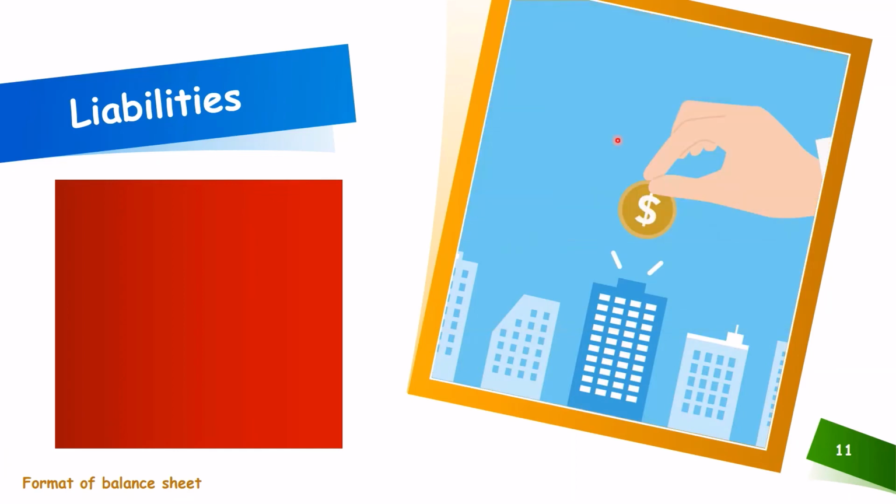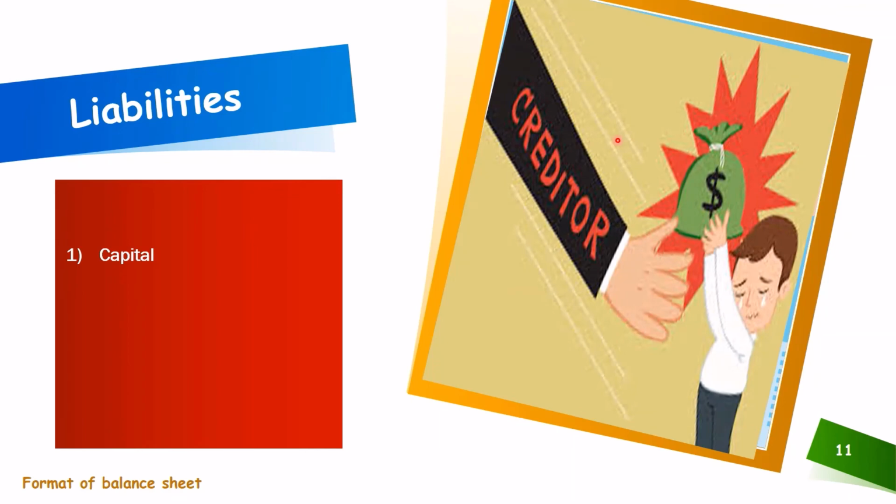Coming to the liabilities, liabilities mean what we have to pay. The first, when a person puts his money into the business, we call that capital. And next is a creditor, meaning we are yet to pay some person, so we are liable to pay.